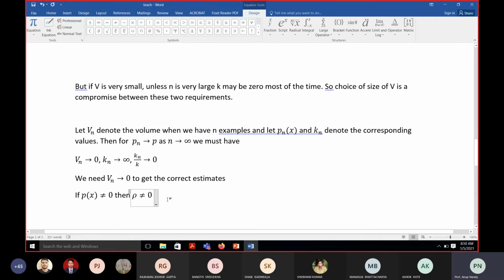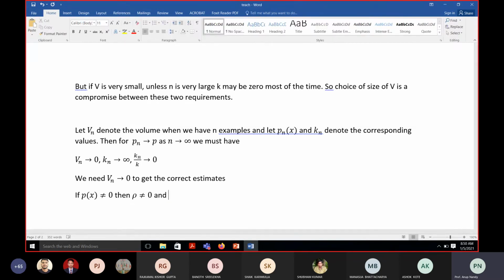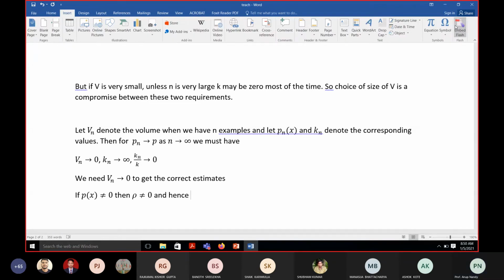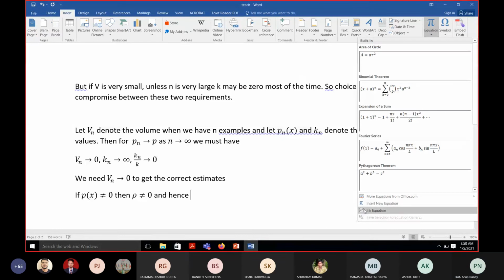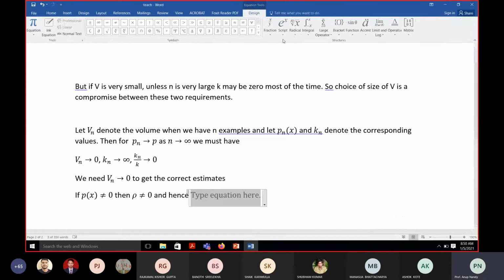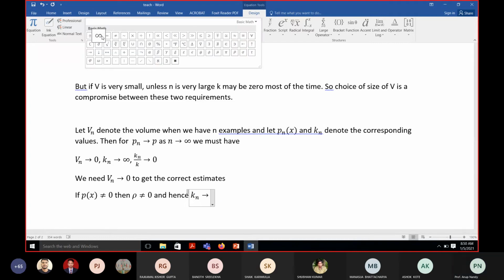And hence k_n tends to infinity, and hence n tends to infinity.